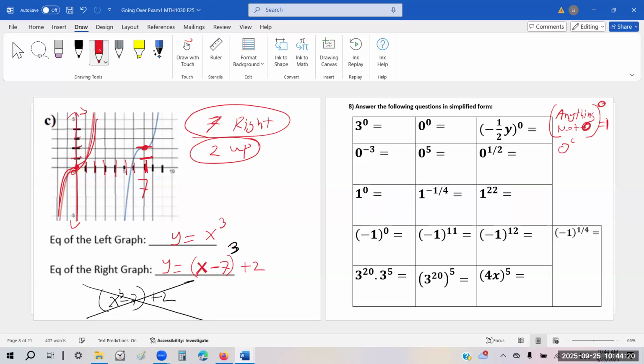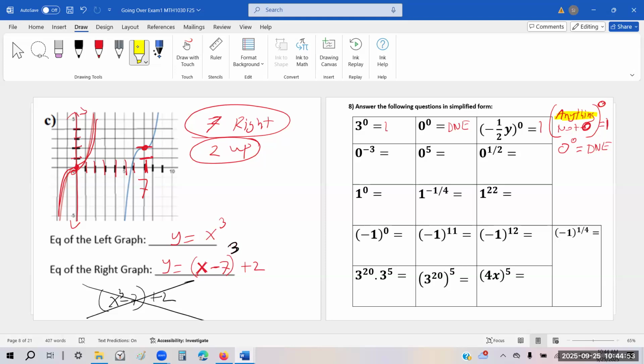What is 0 to the 0? It doesn't exist. You have no idea what 0 to the 0 is. So based on that, what is 3 to the power 0? 1. What is 0 to the power 0? Doesn't exist. What is -1/2 y, whole thing, to the power 0? Still 1. Anything, it doesn't matter what you have, as long as it's not 0, if the power is 0, the answer is 1.